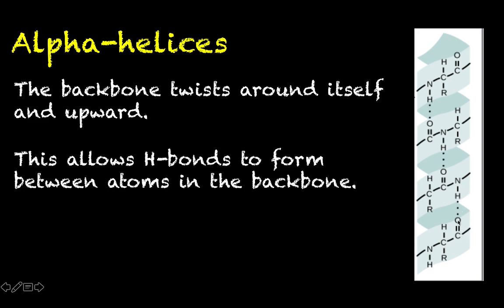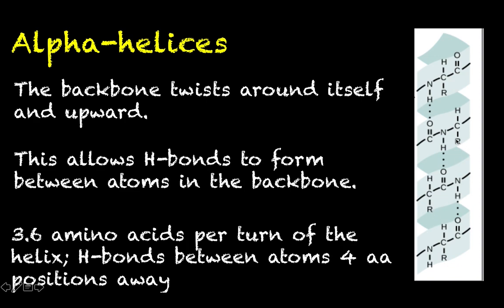In a couple of cases here, you can see a hydrogen bond form between this electronegative oxygen here and this partially positive hydrogen here that is bound to that nitrogen right there, oxygen and hydrogen, oxygen and hydrogen. So what you're seeing here is all of the hydrogen bonds are formed between atoms in the backbone, and again, not between any atoms that are in the side chains. The side chains are not involved here.